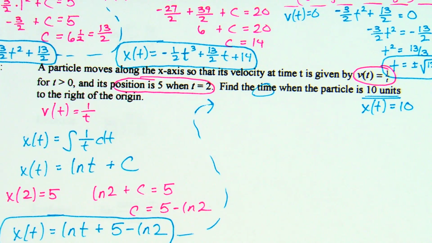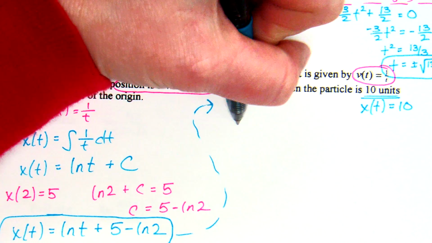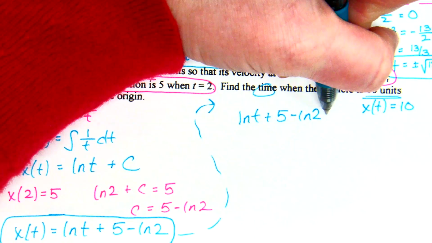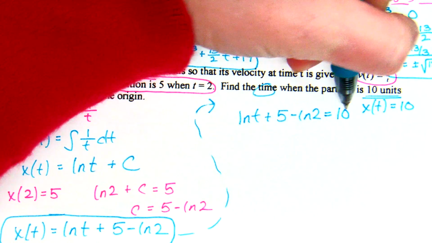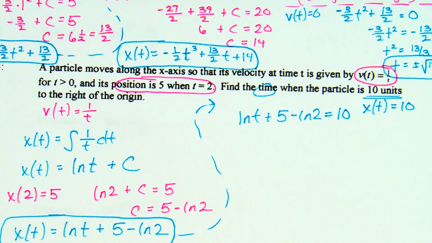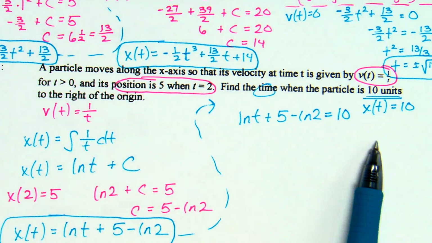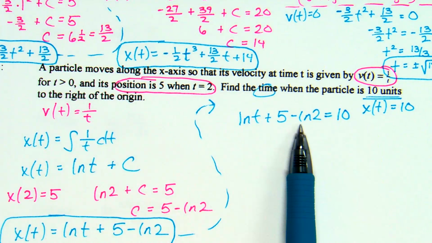Okay, so my x of t is natural log of t plus 5 minus natural log of 2, and we're going to set this equation equal to 10. Okay, I'm trying to solve for t, so I'm going to get t by itself. I'm going to move my 5 over. I'm actually going to move my natural log of 2 over because it's just a number. I mean, you can plug natural log of 2 in your calculator.